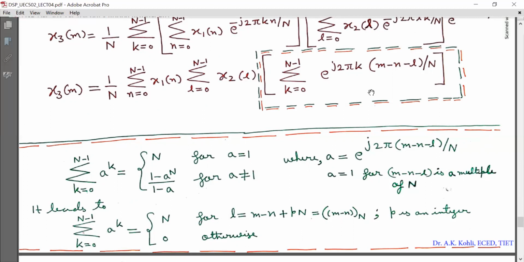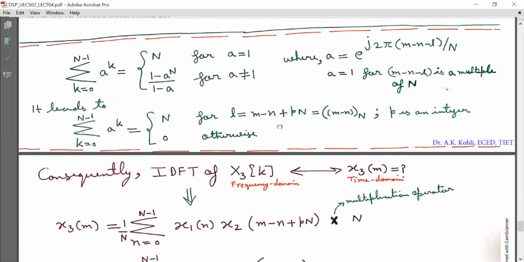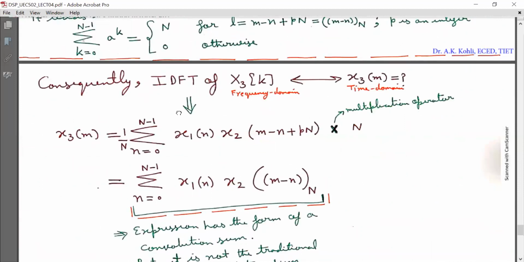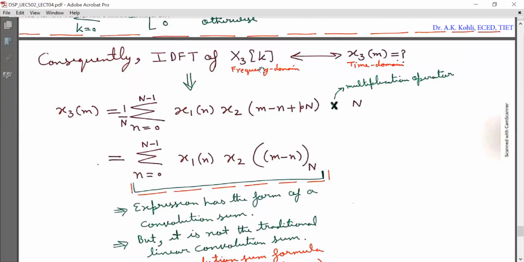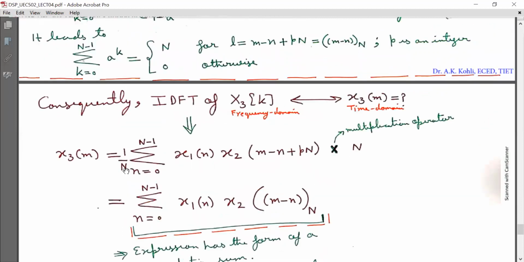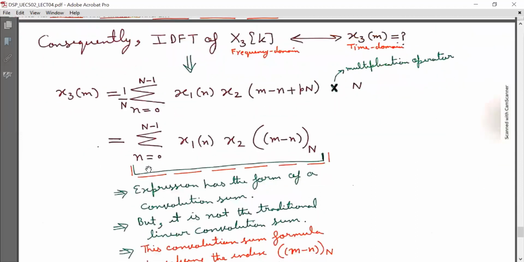I will substitute here and this summation will give you capital N. And it is clear that consequently the IDFT of X3[k] yields x3[m] equal to 1 by N, x1[n], x2[m minus n plus pN] into capital N. So this capital N is going to cut down with this N. And the resultant is summation n running from 0 to N minus 1, x1[n], x2[(m minus n)] with subscript capital N, which is an indicator of the modulo N operation.